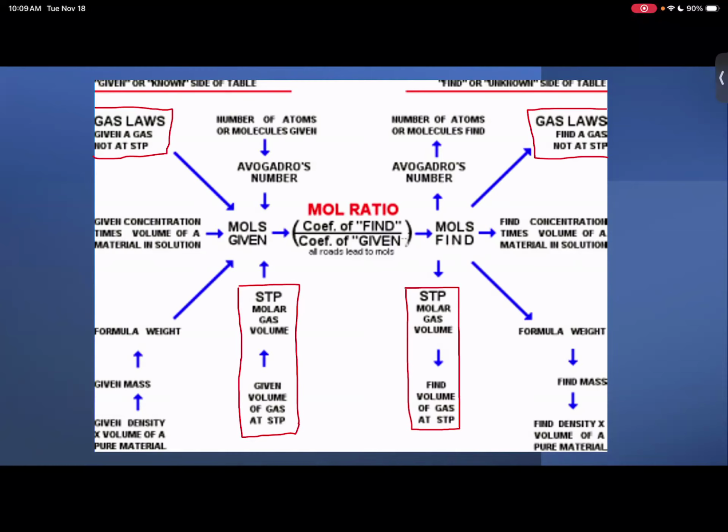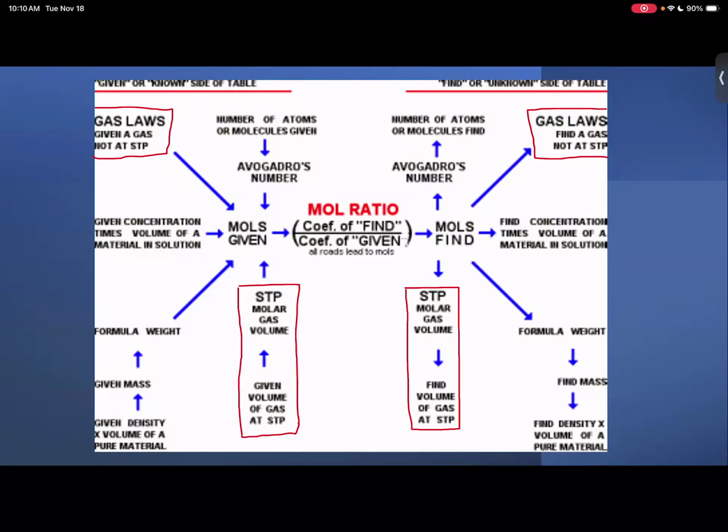You can take the ideal gas law and convert that in to obtain moles given. Once you have moles given of one of your reactants or products, you can convert that into moles of the second material using the mole to mole ratio that we have been using in stoichiometric calculations.